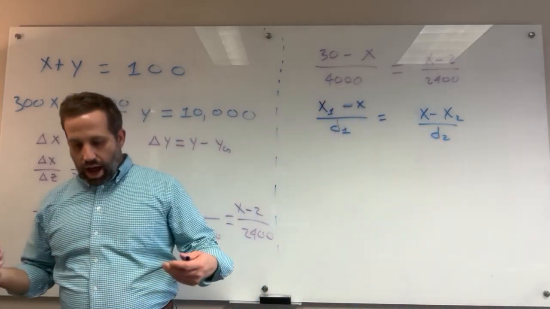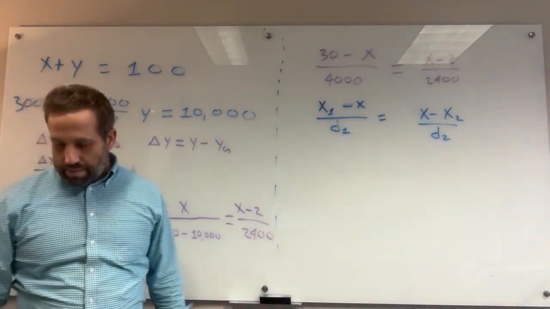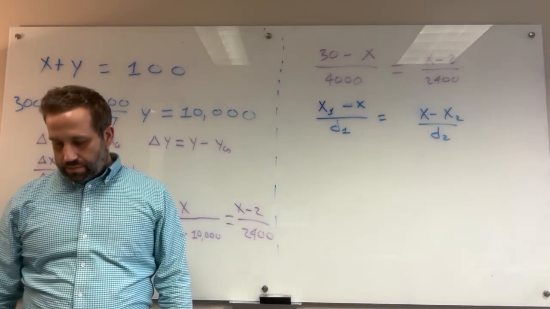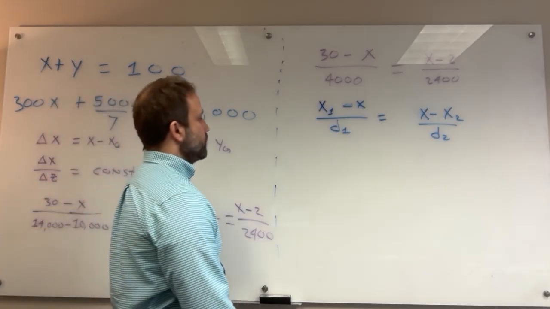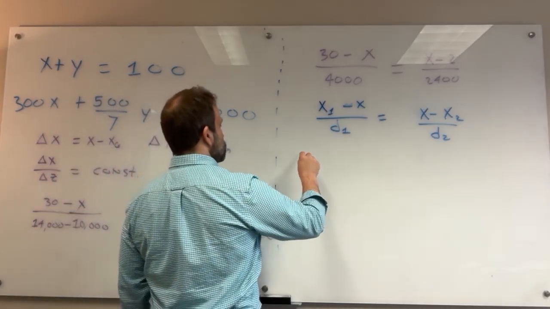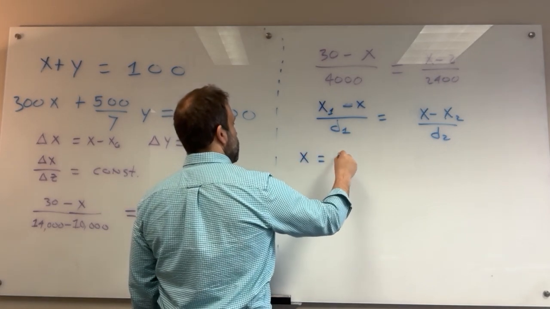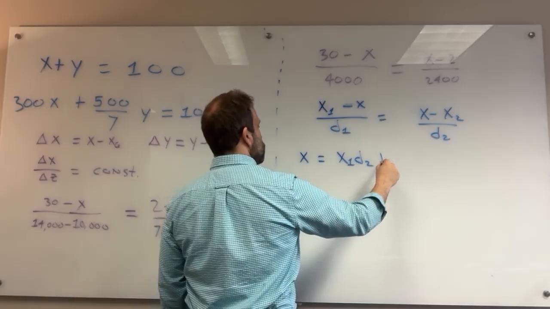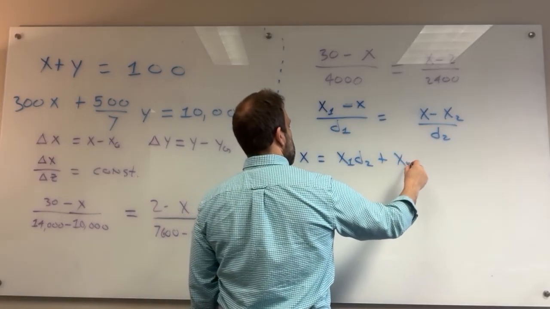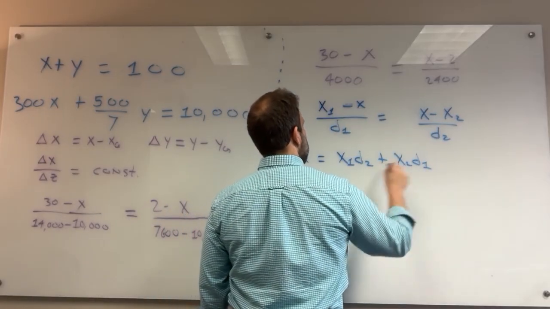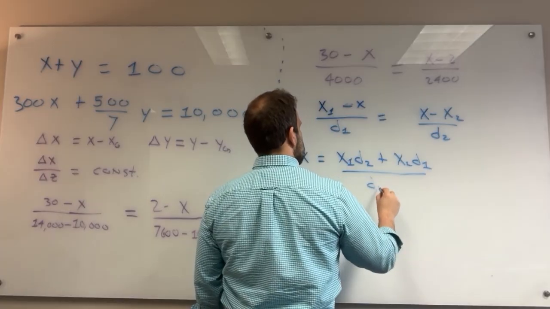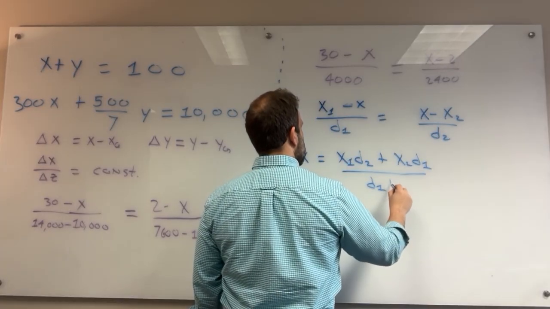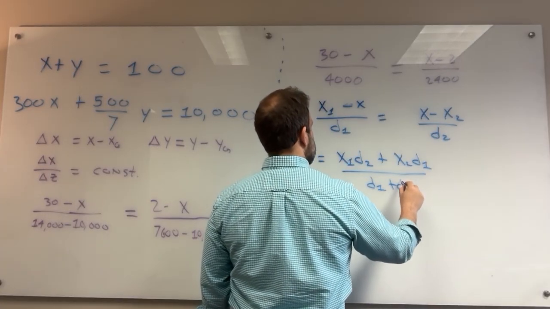Okay, now by doing simple algebra, we're going to get that x is equal to x1 times d2 plus x2 times d1 over d1 plus d2.